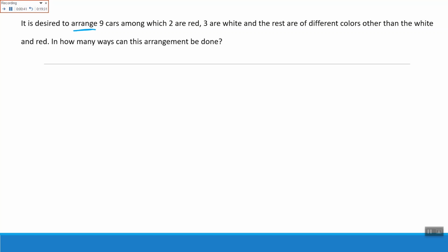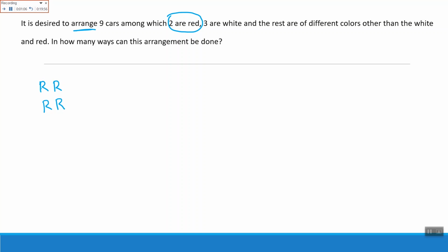It is permutation with combination. How is that? Look, we want to arrange 9 cars in which 2 are red. Does it matter if we put them in this order or the other order? If we put the first car here and the second car here, they're 2 red.